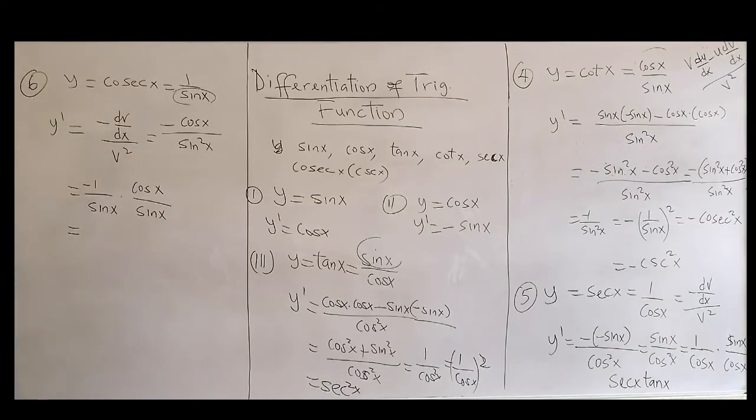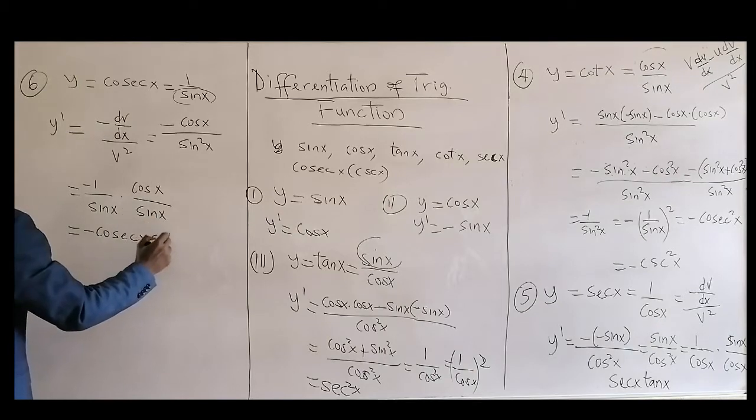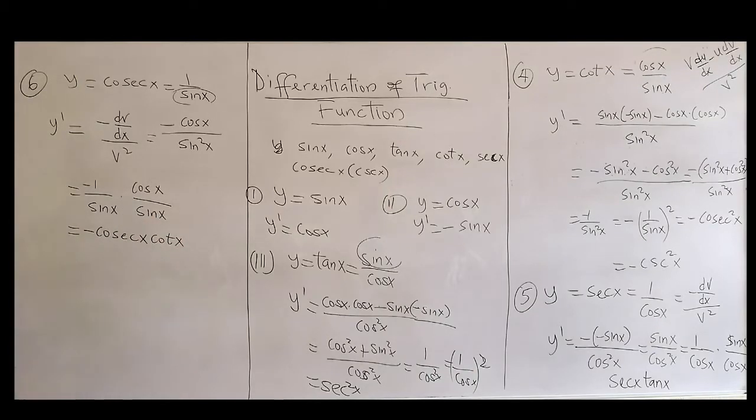And that will be equal to minus cosec x cot x.